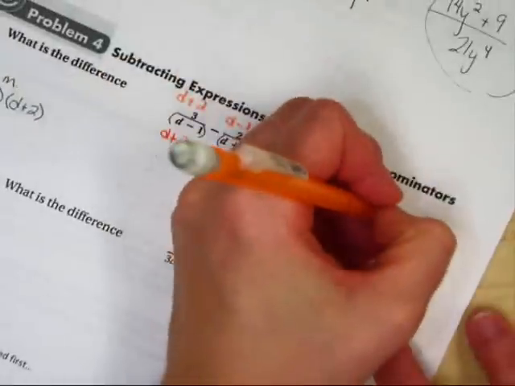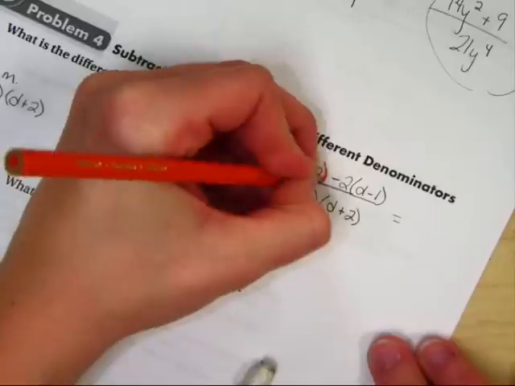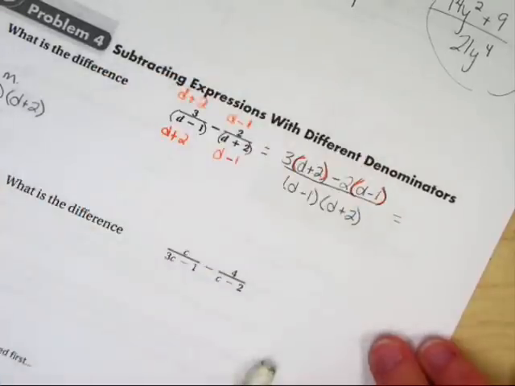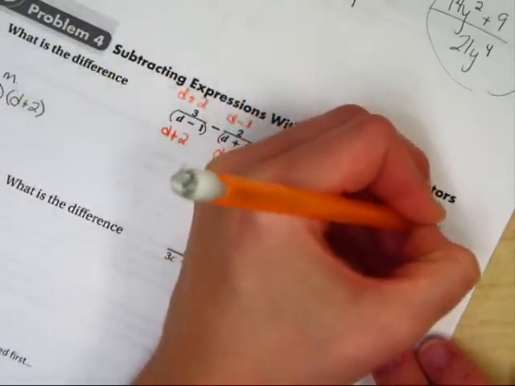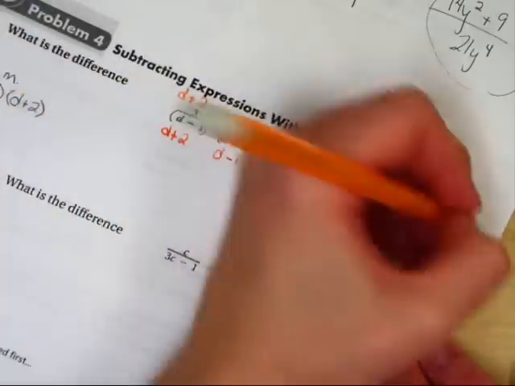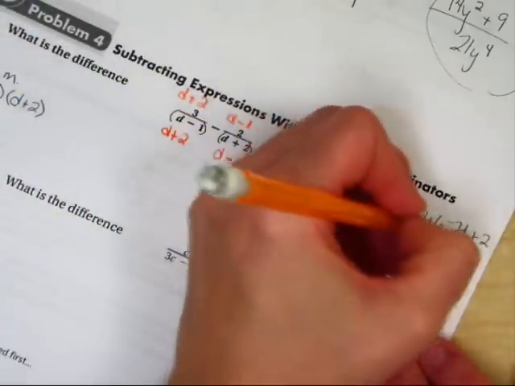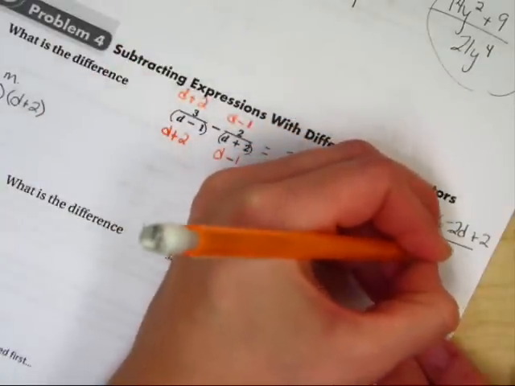Let's combine our like terms. If you're wondering, I didn't color code those. Those would be the orange things. So this becomes 3d plus 6 minus 2d plus 2 over my common denominator, d minus 1, d plus 2.